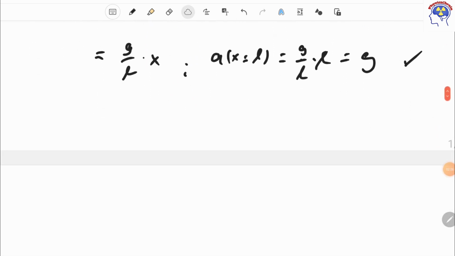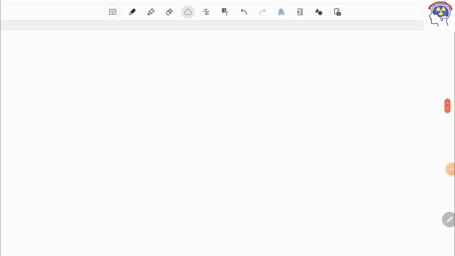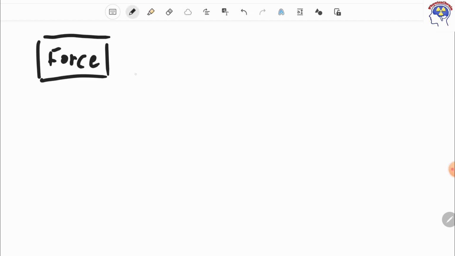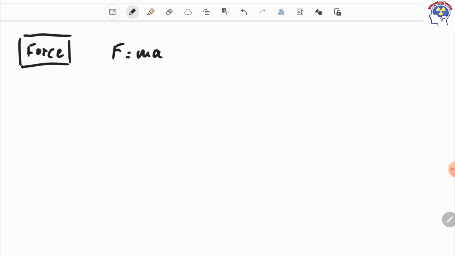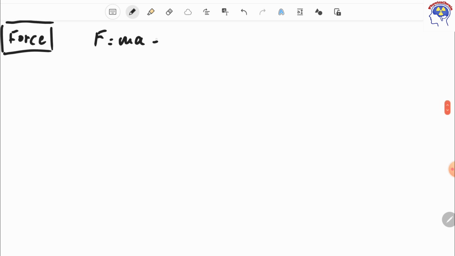So from the force point of view, from one side we know F equals ma from the second law of Newton, and it's equal to m dv/dt. From the other side, we know that the only force that is accelerating is m_x g.